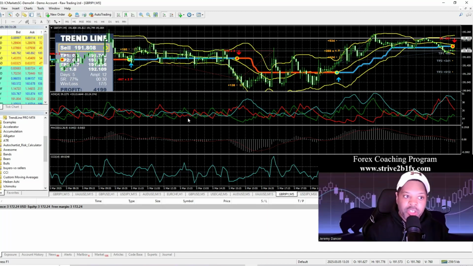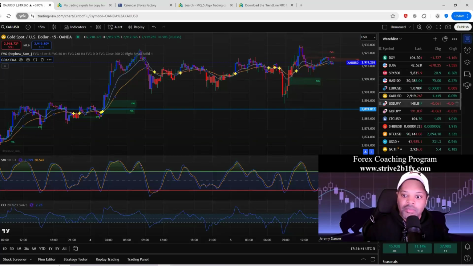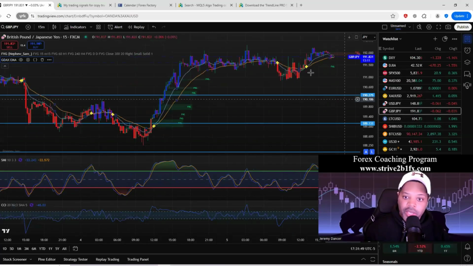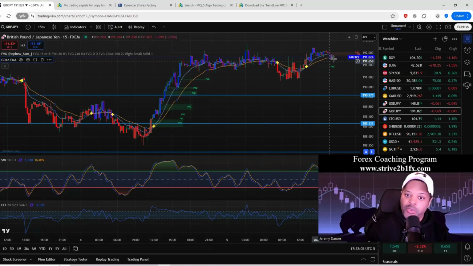So now when I go to GDAX, we see the sell on the pound Japanese yen. So let's go to GDAX and look at this. It has this at a buy right now, but look at things are changing. One of the lines. So GDAX is going to wait for the candles to drop below both of the lines before it feels confident in giving a sell signal.